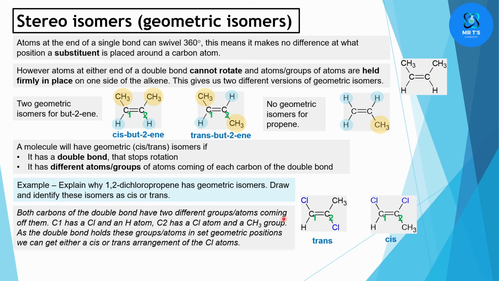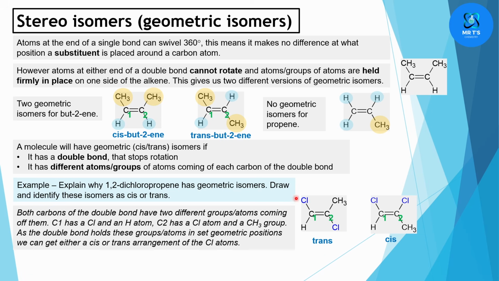So when I explain this, I actually have to explain in detail, yes, it has a double bond that holds them firmly in place, but the first carbon has a chlorine and a hydrogen that are different, and the second carbon has a CH3 and a chlorine that are different. So I have to expand and explain to whoever's asking me the question how I know it's a geometric isomer.